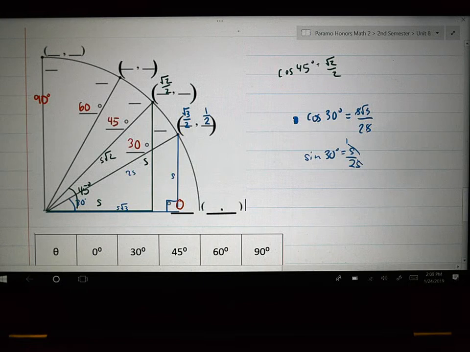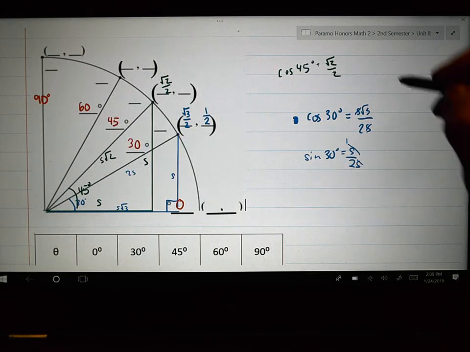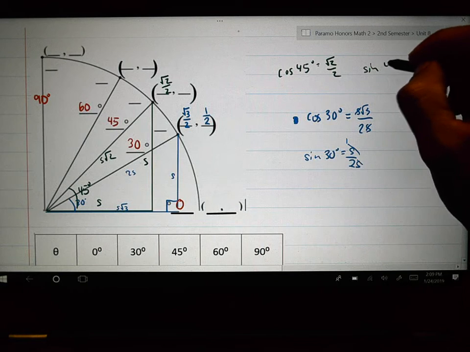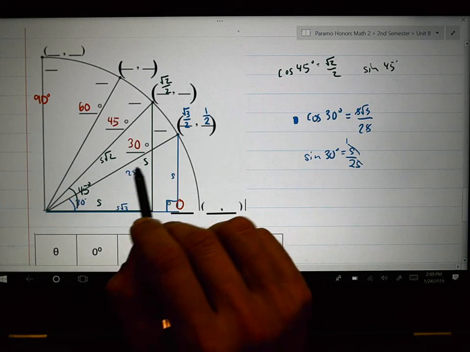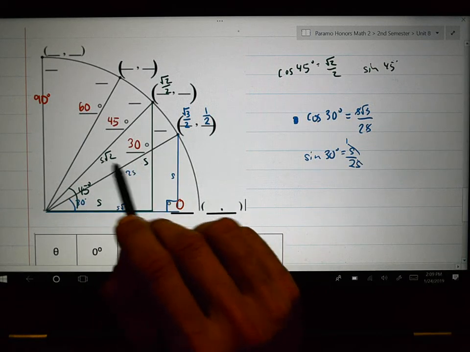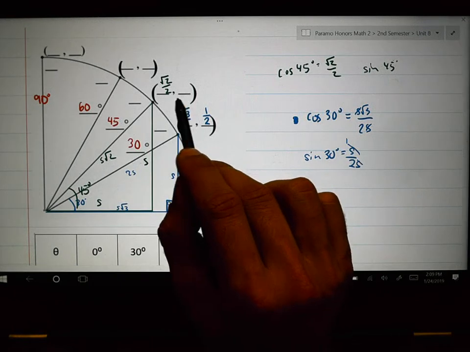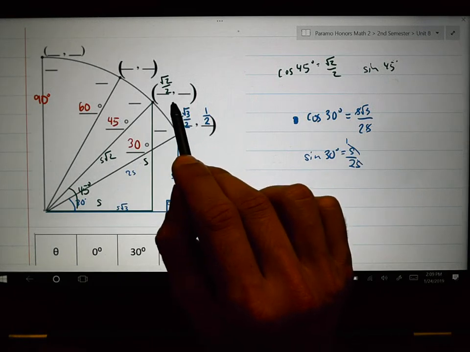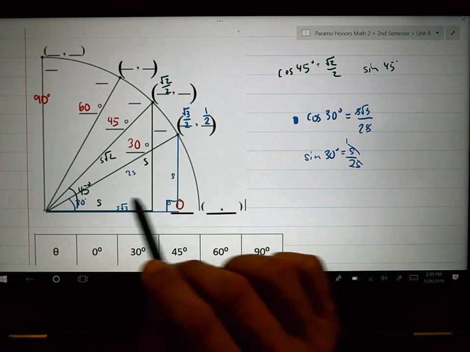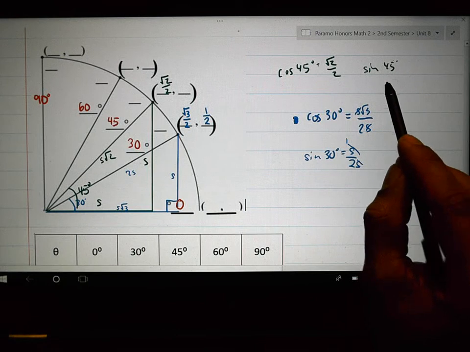Now, based off of that, the sine of 45 degrees is the opposite over the hypotenuse. Do you know what the y-coordinate is going to be? If you know, say it out loud. Ooh, we don't know. Okay. The sine of 45 degrees is what?